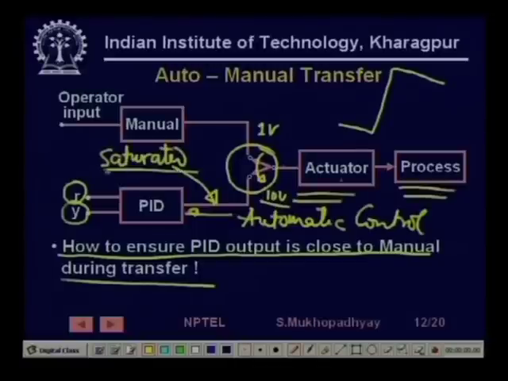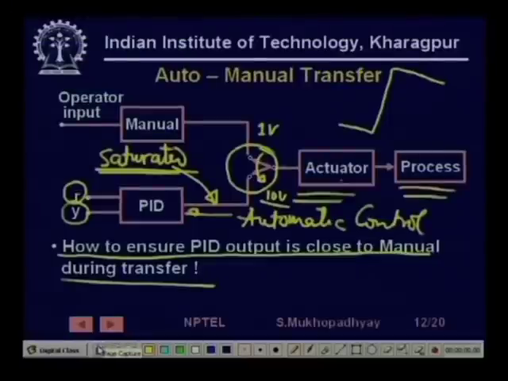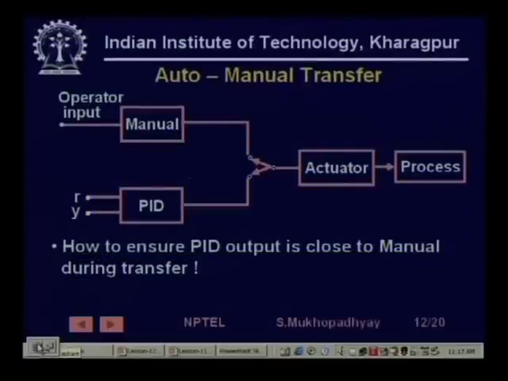It is quite possible that the PID output is stuck either at its negative maximum or its positive maximum. So, if you suddenly flick the switch over, you are likely to give the plant a shock, and we want to avoid that. So, how do you avoid that?